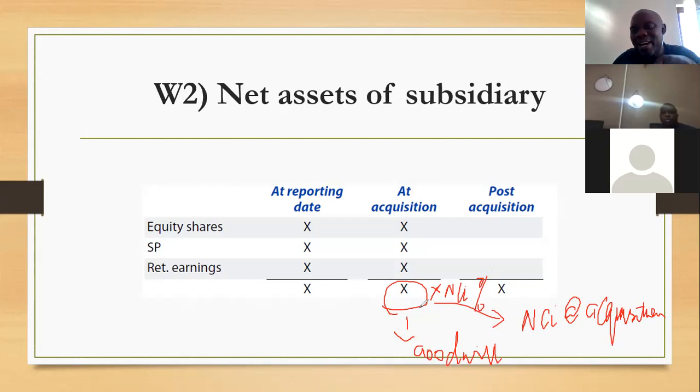It is the same amount that actually goes in the NCI computation at acquisition. Then this amount as well, this is actually used in your GRE, which is your group retained earnings. It is also used in the NCI, which is basically post-acquisition.